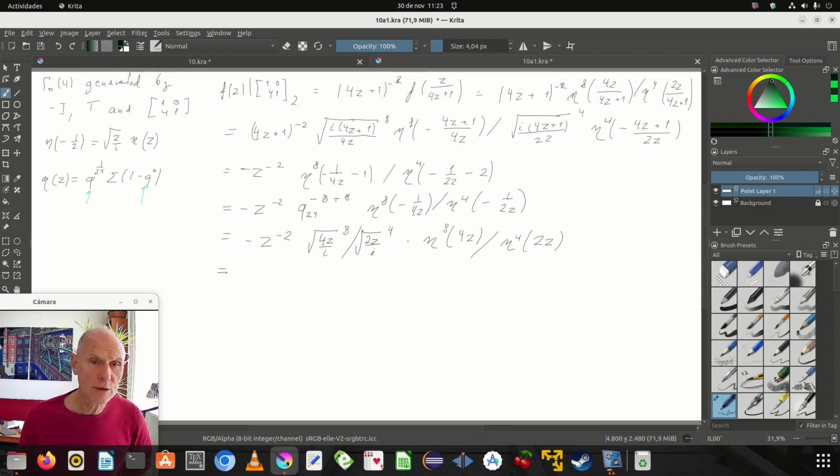This is z squared divided by z to the 4th divided by z squared. So all the z's cancel, and I to the 8th gives unity, I to 4th gives minus, so the minus cancels.